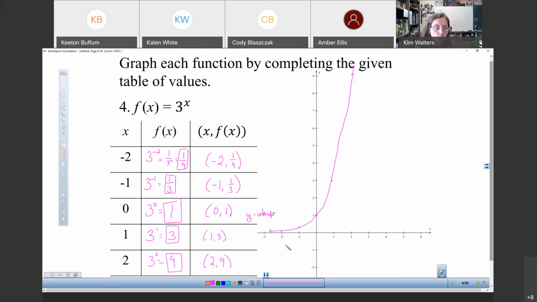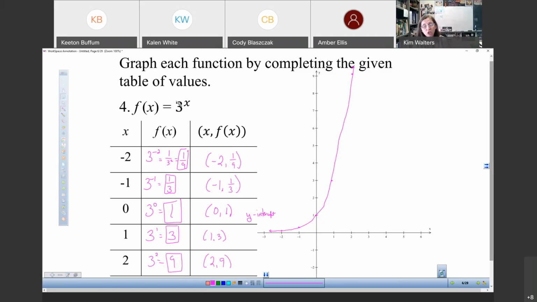And here's what I want you to see. These exponential graphs get close to the x-axis, but they do not have x-intercepts or zeros, whatever we want to call it. There's no way to make this function 3 to a power be equal to 0. I can't raise 3 to a small enough number that I ever turn 3 to a power into 0.